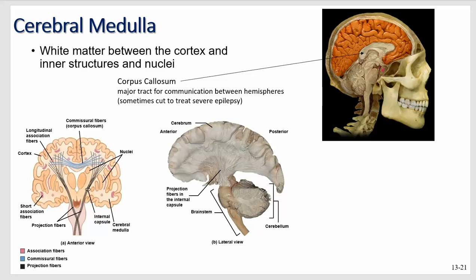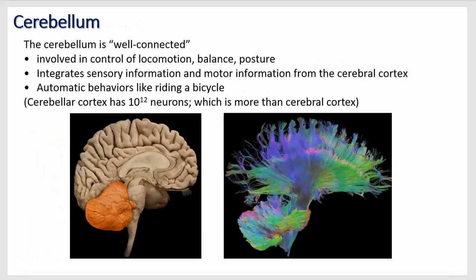So it's left-right communication. That's what the corpus callosum does. You can see here the lateral fibers, these axons, communicating into different areas. A lot of this communication is with the basal ganglia, between structures of the basal ganglia, which we'll talk about in two slides. Just a bunch of tracts like that.